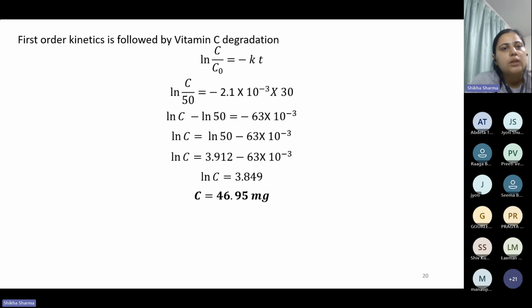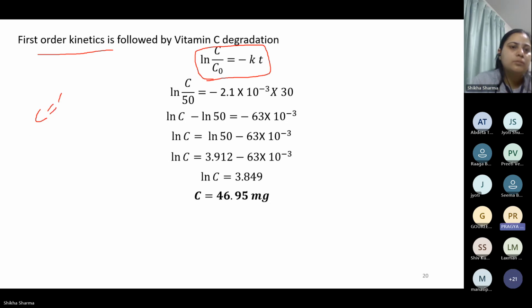Since it is following first order kinetics, we can use this formula: C equals C naught e to the power minus kT.